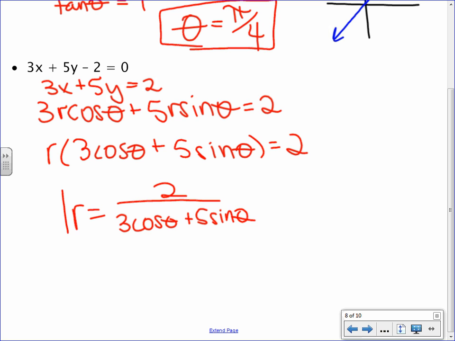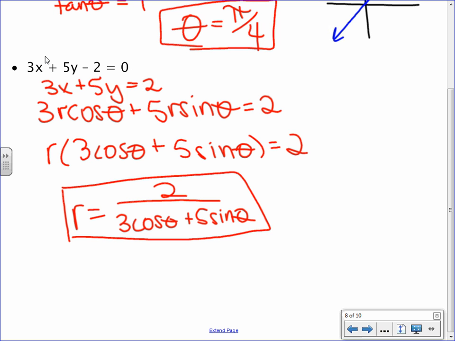Okay, so here's an equation where r does rely on theta. Whatever your angle is gives you a different r, which we haven't seen in the previous 2 examples. This is obviously not a more efficient way to graph this line, is it? This is the answer: r equals blah, blah, blah. Now, plugging in thetas to find r values is not going to be very efficient compared to what we have up here.